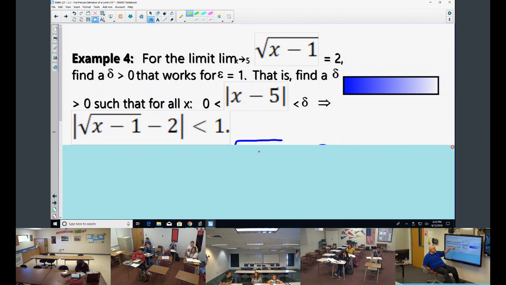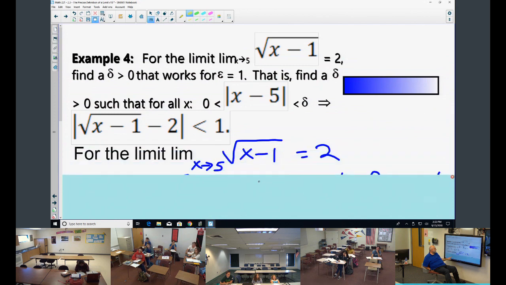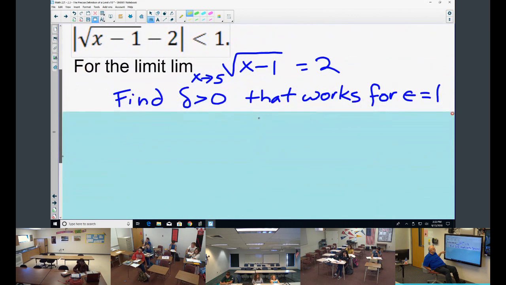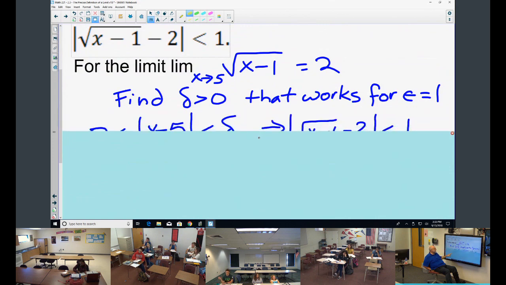This one, we're actually given the epsilon. The epsilon is 1, so we can plug that in. Basically this is saying that if epsilon is 1, find a delta that will work. So that's another way to say it.